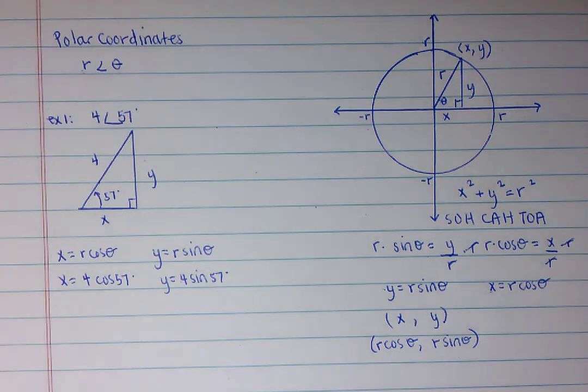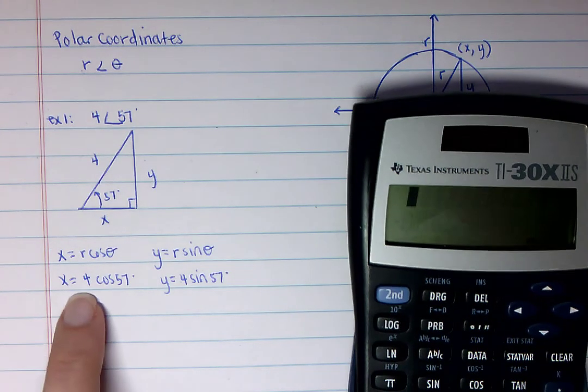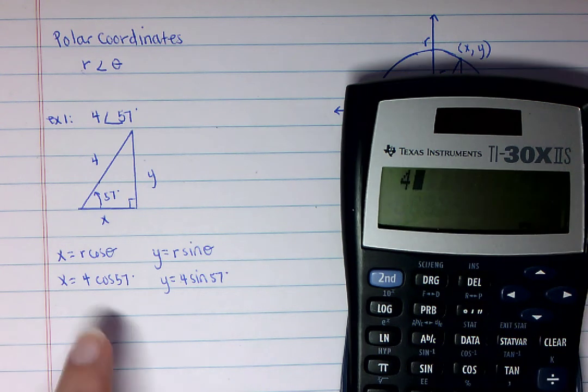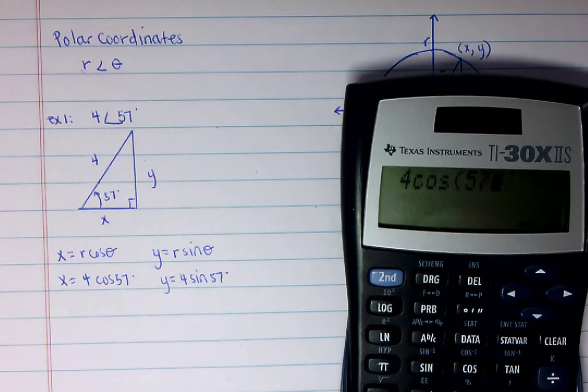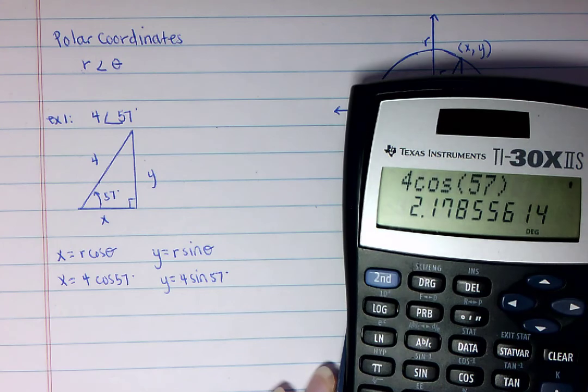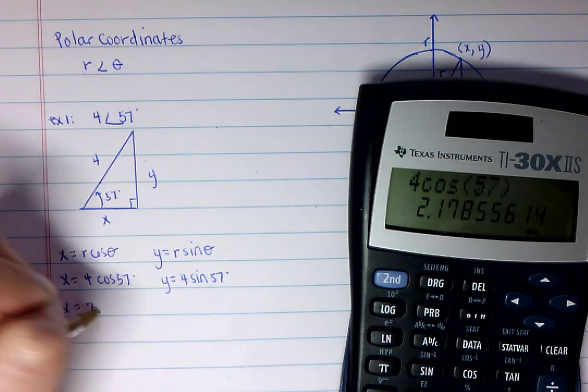So we're going to put these in our calculator and find these out. For the x value, we say 4 cosine 57, and we get 2.18. So x equals 2.18.